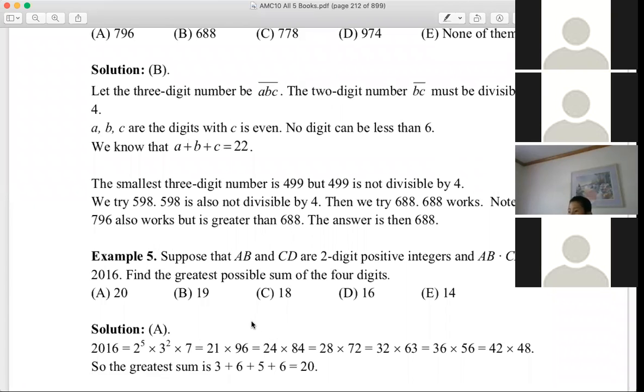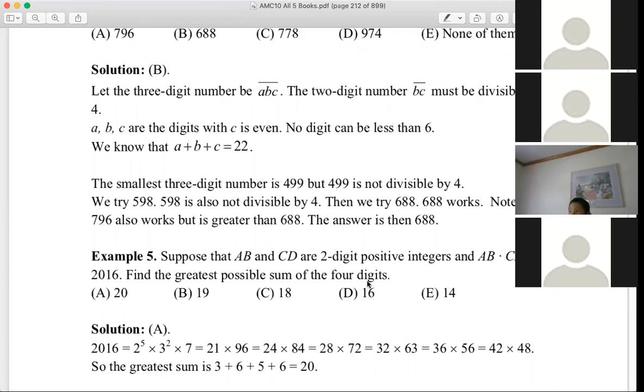Okay, now let's see number 5. Suppose that AB and CD are 2-digit positive integers, okay? And AB times CD equals 2016. They ask you to find the greatest possible sum of the 4 digits.